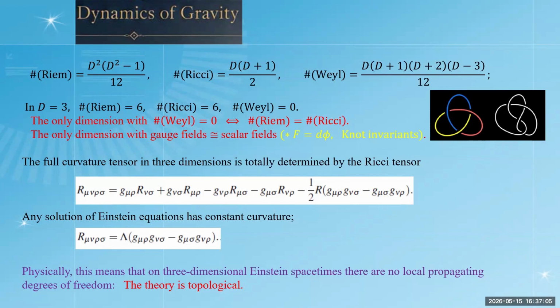So in 3 dimensions, the Riemann tensor is completely determined by the Ricci tensor and Ricci scalar. If you require a vacuum solution of the Einstein equations, then in 3 dimensions the only solution of the Einstein equation is just the constant curvature space. Physically, this means that on a 3-dimensional Einstein spacetime, there is no local propagating degrees of freedom. So the theory is essentially topological.